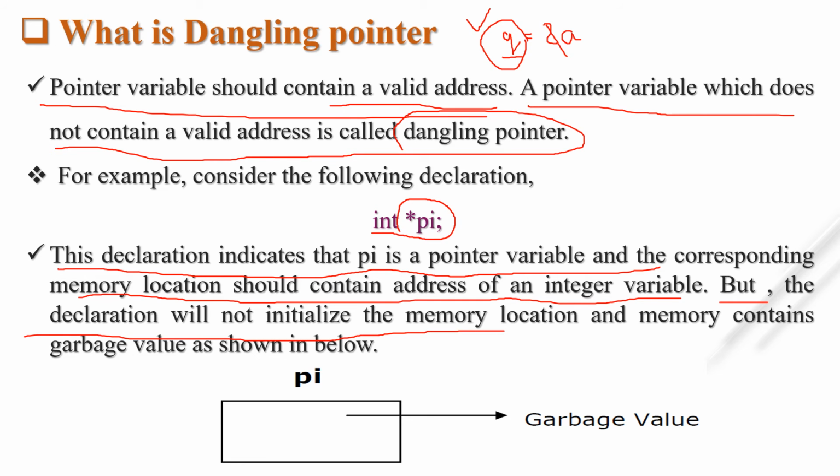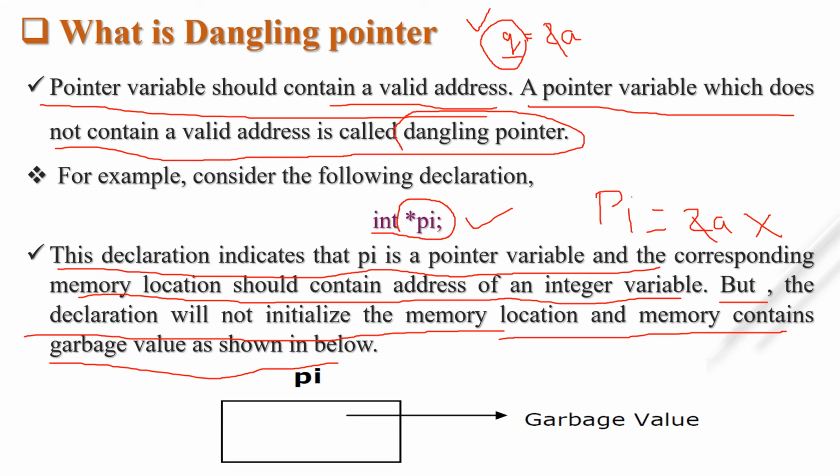Suppose I am declaring this pointer but I am not initializing it, for example, I am not initializing star pi equal to any variable address. Then the memory contains a garbage value, like shown in this figure, because pi does not contain any address here. So this pi pointer is a dangling pointer.